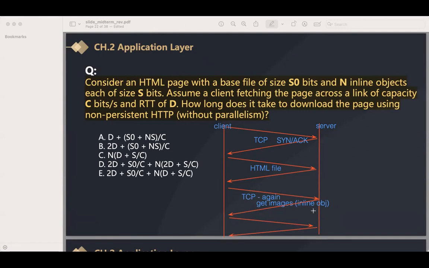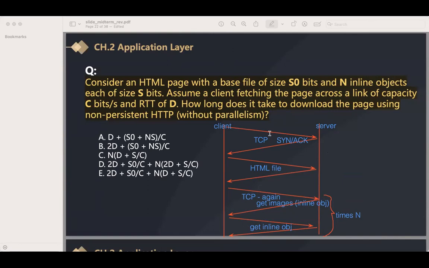So that's how we get the files. And because we have n objects, we need to times n at this part. So this part needs to times n because we have n objects.